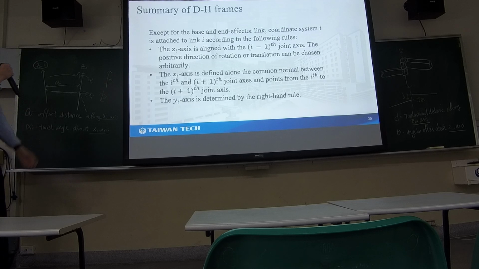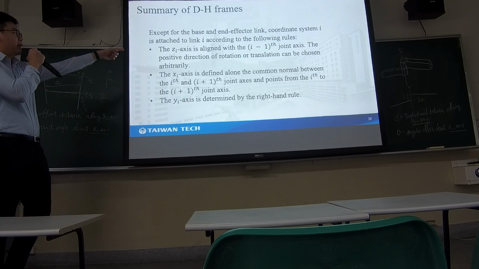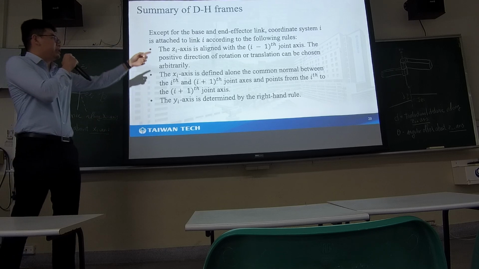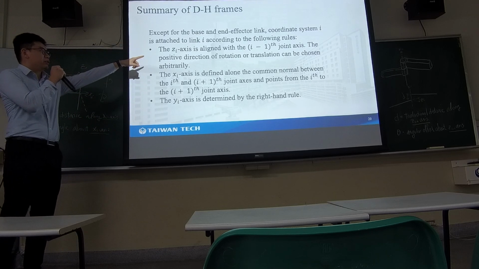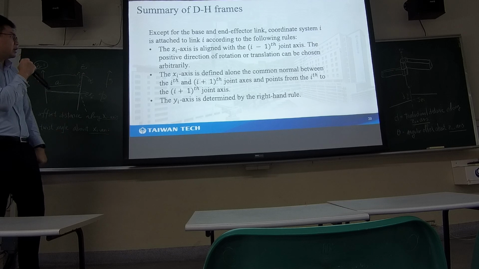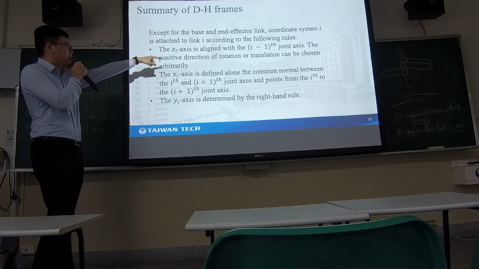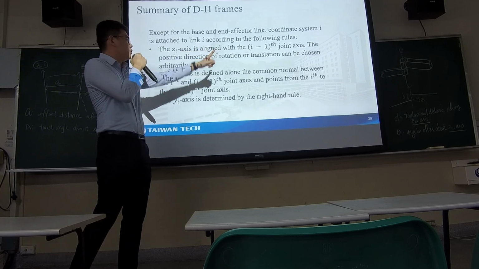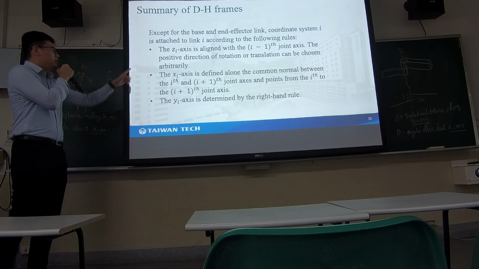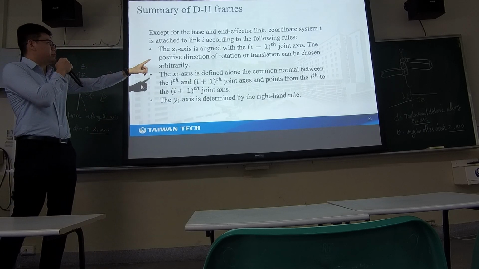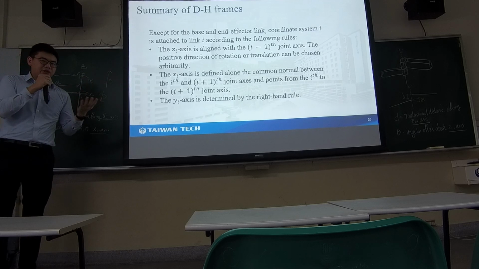So in summary, except for the base and the end-effector link, coordinate system i is attached to link i according to the following rules. The z-axis is aligned with the i-1 joint axis. The positive direction of the rotation or translation can be chosen arbitrarily, so it's up to you.